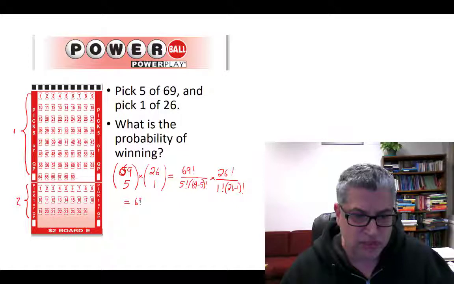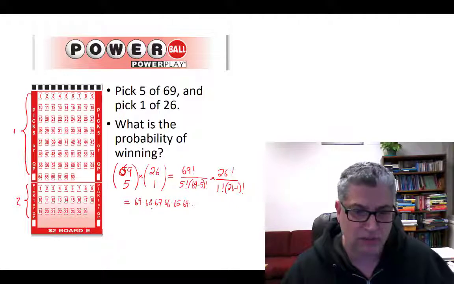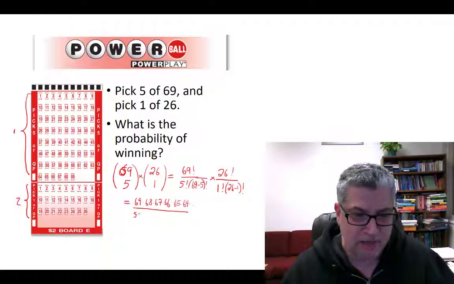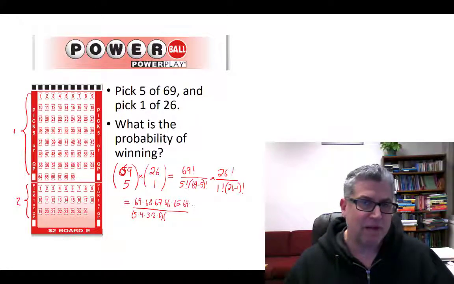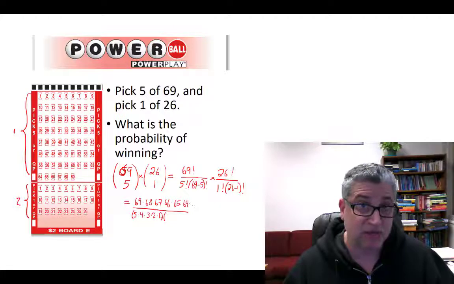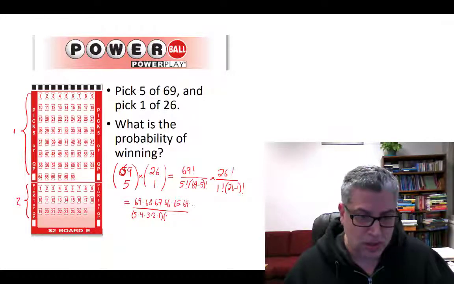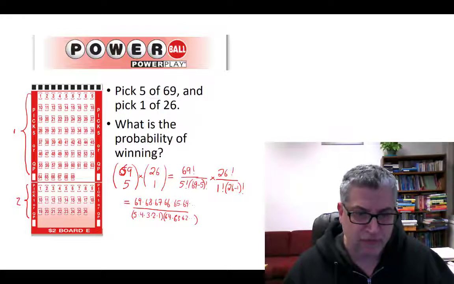69 factorial is 69 times 68 times 67 times 66 times 65 times 64, and so on. 5 factorial is 5 times 4 times 3 times 2 times 1. 69 minus 5 factorial, that's just 64 factorial. So 64 times 63 times 62. Okay, so there's our first term.